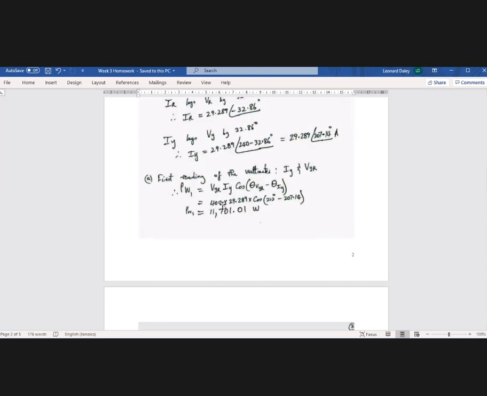Put in the data: 400, 29.289, cos. Remember, VYR was at 210, and IY is at 207. If you have the negative 150, it's the same thing, right? It wouldn't really matter.